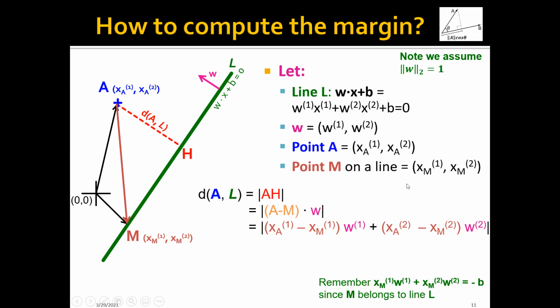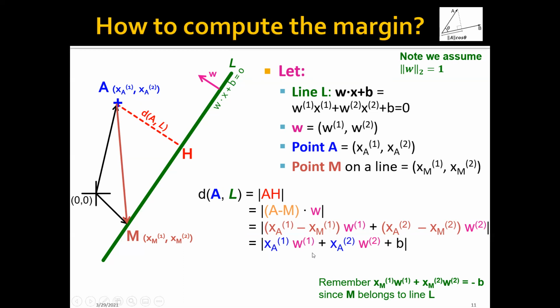And notice that this point M is exactly on the decision boundary. We already know that the decision boundary contains all the points that satisfy the equality W times X plus B equals 0. So basically we have XM1 times W1 plus XM2 times W2 equals minus B. Basically we can replace the XM1 W1 and XM2 W2 terms here with the constant minus B, which gives us this equation.